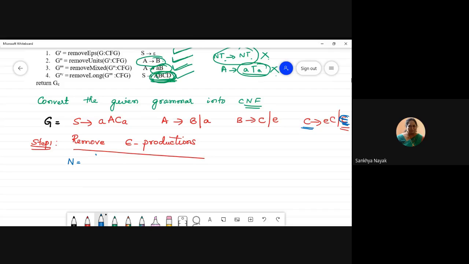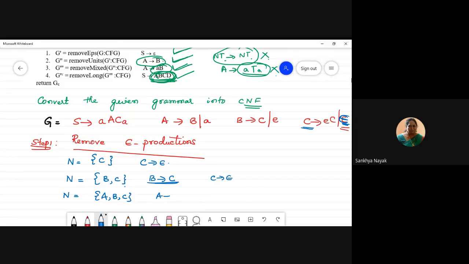N is equal to C, because you have a production C derives epsilon, which means C is nullable. At the next stage, B gets added to the nullable list, because B derives C, and C derives epsilon, so B also derives epsilon. So B becomes nullable.